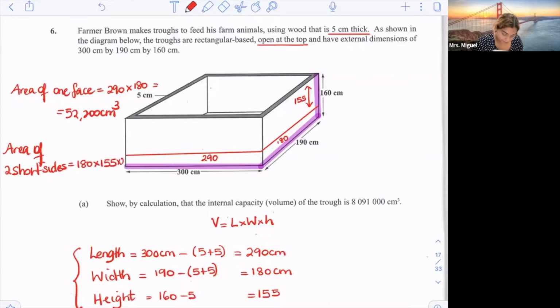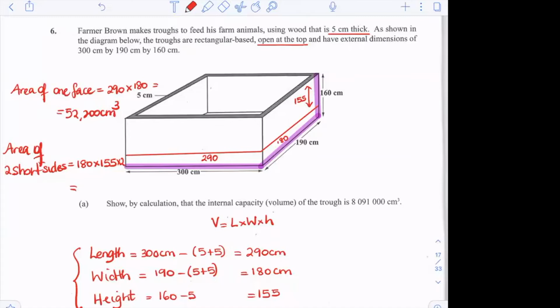And we'll multiply that by 2 because there's 2 short sides. 180 by 155 by 2. How much is that? 55,800.